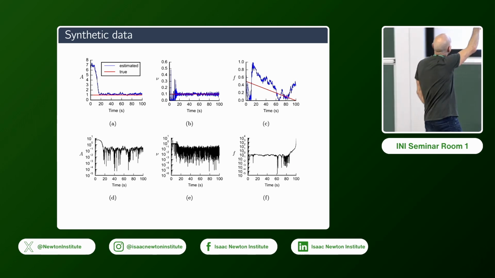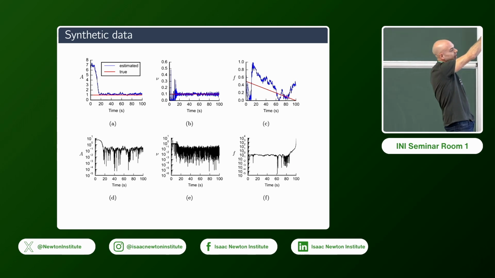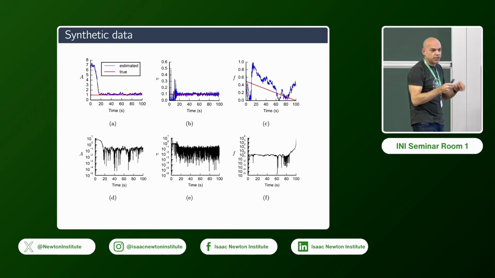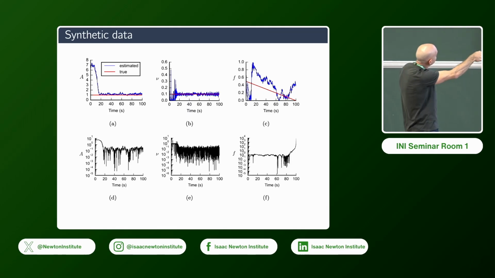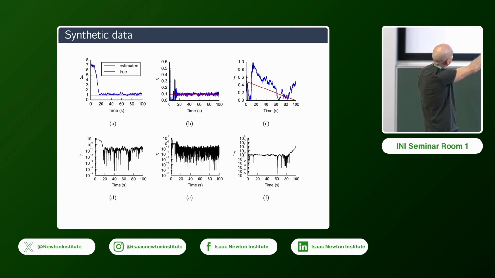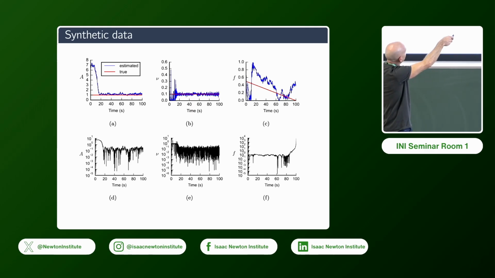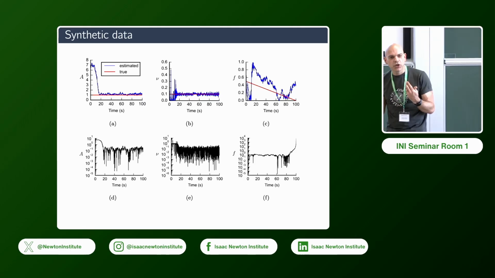So in this case, a is of order 1. So you see that after a burn-in period of 20 seconds, this is not 20 computational seconds, this is 20 time units of the experiment, we reconstruct the parameter, a is there, the spatial wavelength is there, and the frequency, the red is truth and the blue curve is the reconstruction. The frequency is not a parameter, which is good news.